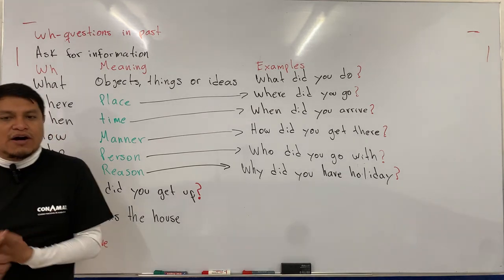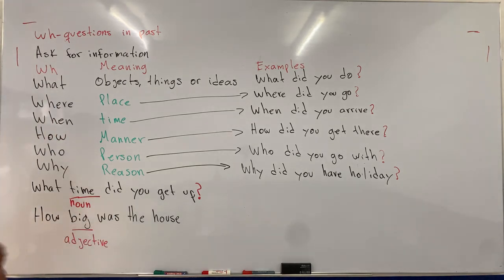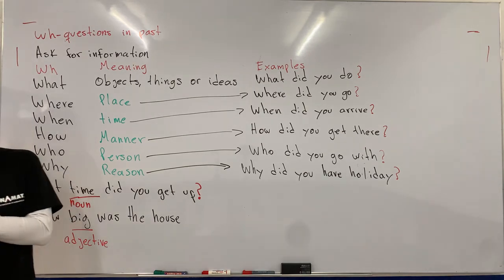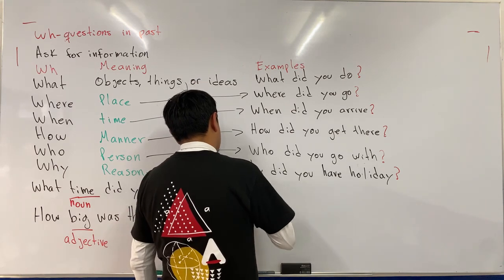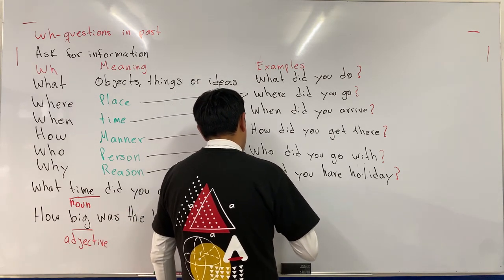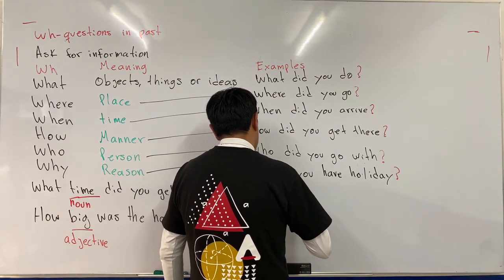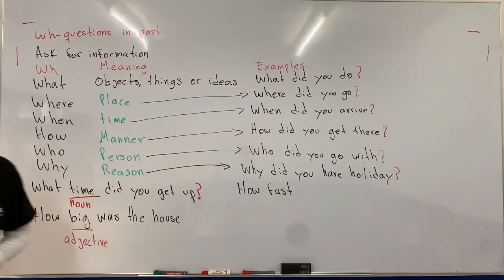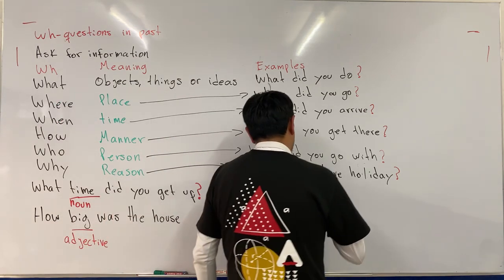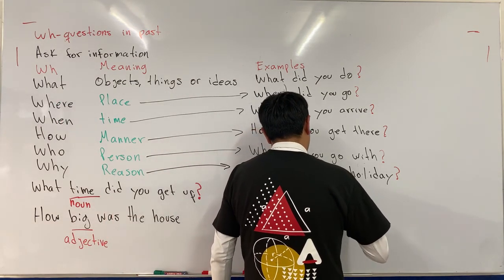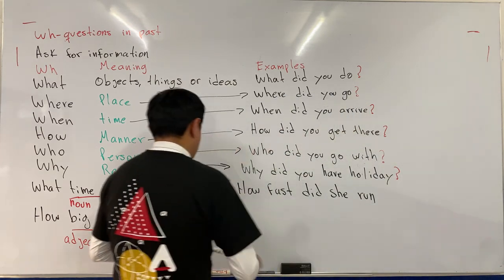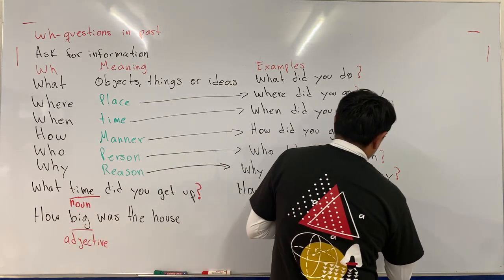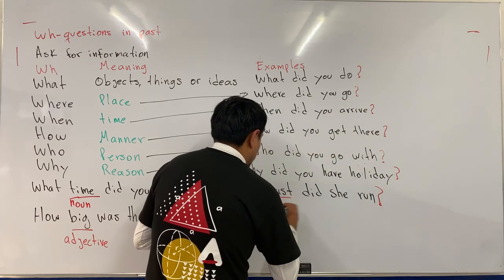Now, another example with this. How fast did she run? Repeat. How fast, this is adjective. How fast did she run? Right?